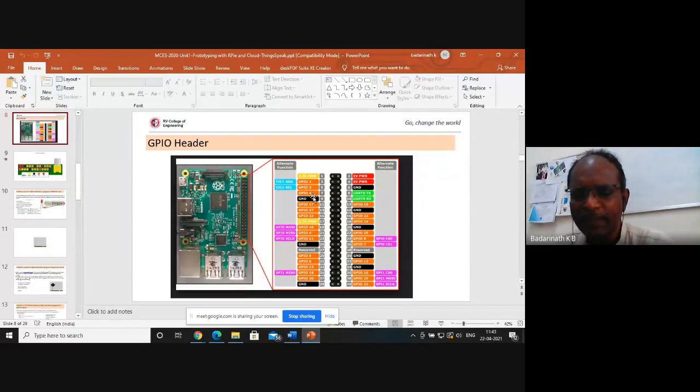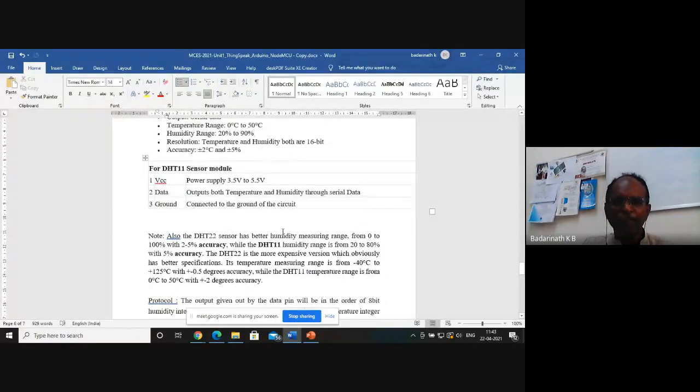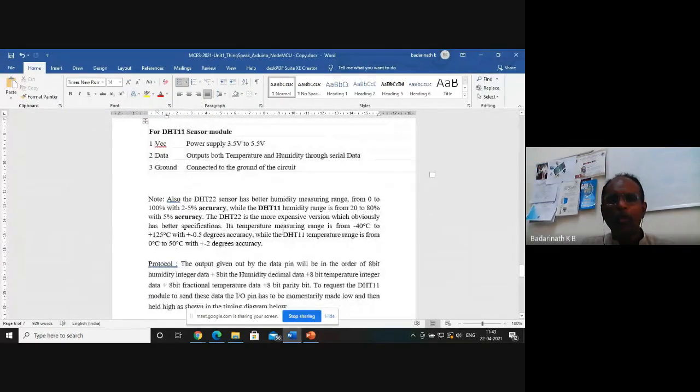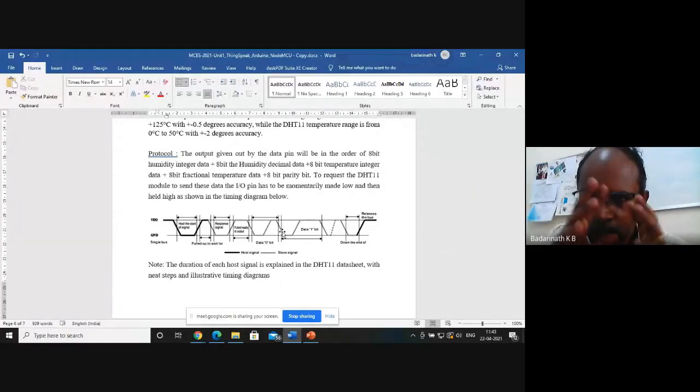Once the DHT11 sensor is ready, how do you start programming? There are two ways to program your data. One is to understand the datasheet of the DHT11 and write a program on your own without using any libraries. You don't require a library at all. It is always an advantage to learn the lower level of programming.